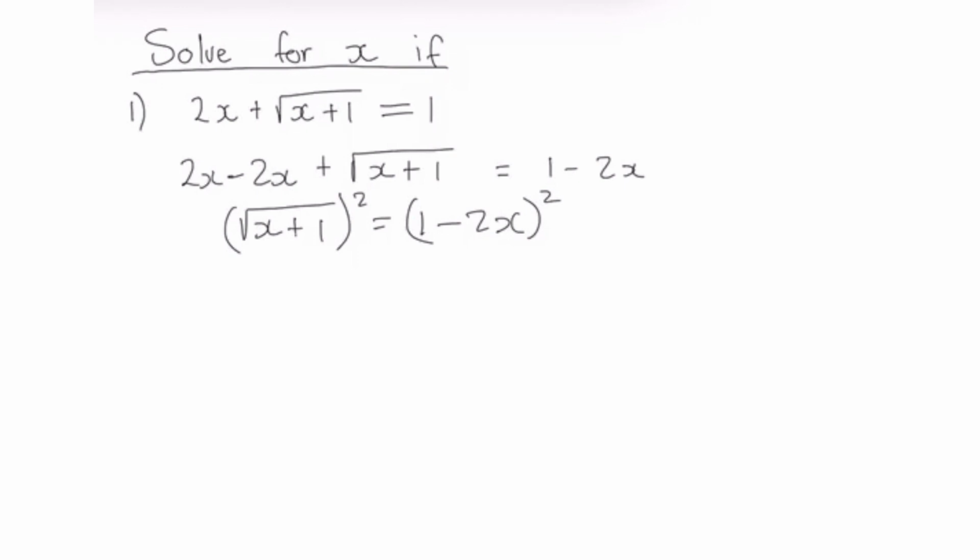After squaring both sides, you get x plus 1 on the left. On the right, 1 squared gives you 1, and then you have 1 times minus 2x, which is minus 2x, and minus 2x again, so that will be minus 4x.